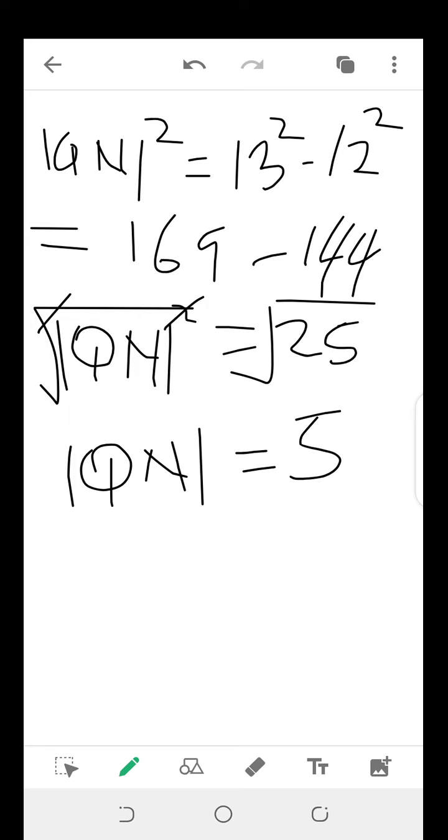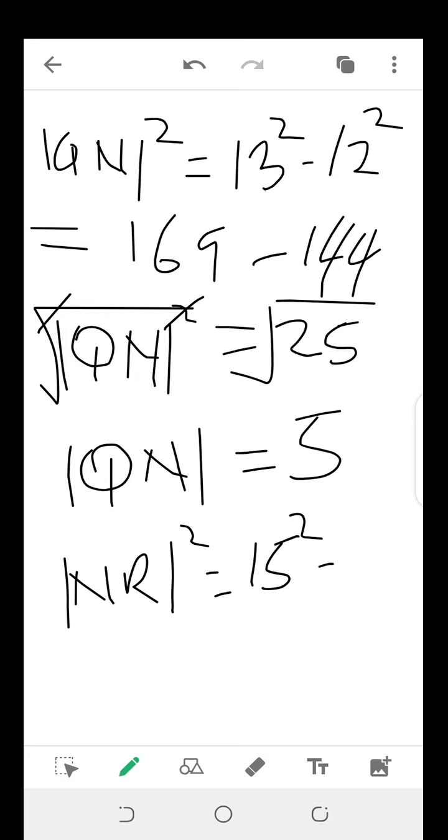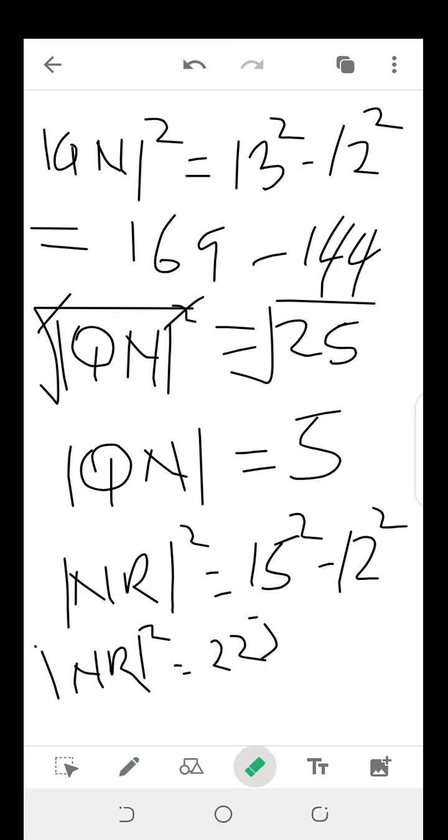So we can say that the magnitude of NR square should be equal to 15 square minus 12 square. 15 square will produce 225, and 225 minus the square of 12, which is 144.